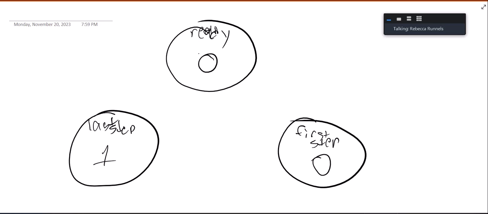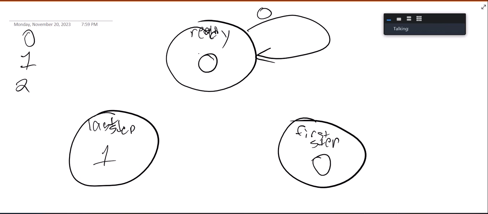Now, where you go depends on what your input is. Your input can be of type 0, 1, or 2. So if you are in ready and you get a type 0, you go back to ready, and if task 0 is 0, you get 0, and R0 is going to equal 1 because you will be ready.